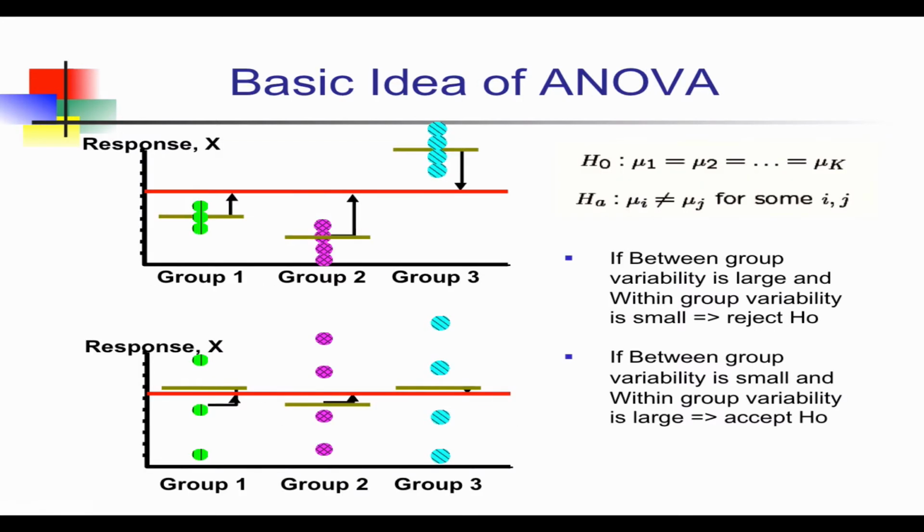And then why do we bother to do all this? This figure really gives you an explanation of that reason. Suppose we have two scenarios, the first scenario and the second scenario, right here and right here. Your question is the same. You want to compare whether the population mean is the same or not. So you can see that for this first scenario, all the dots are very tightly clustered around the group mean. However, the group mean is quite far from the total mean.